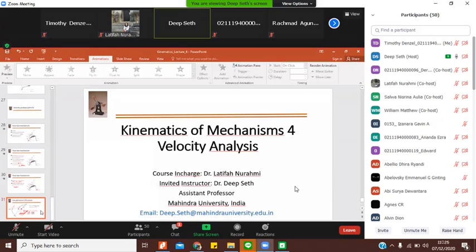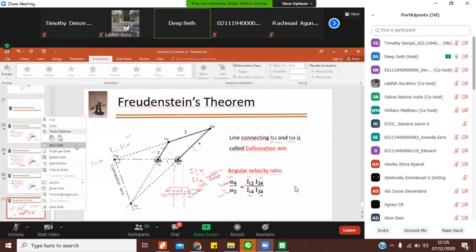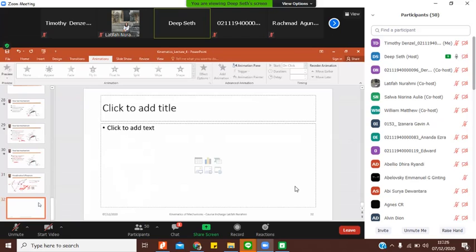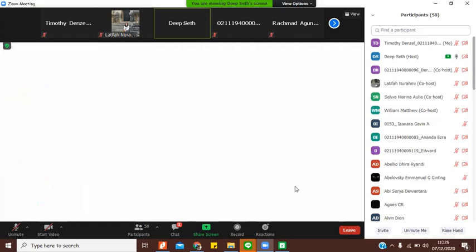Similar to this Freudenstein's theorem, there is one more theorem, that's Kennedy's theorem, and I will just explain it to you. So what this theorem says, for the relative motion in a mechanism, related to any link.